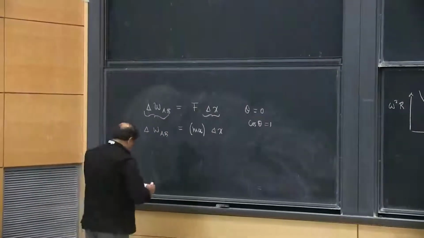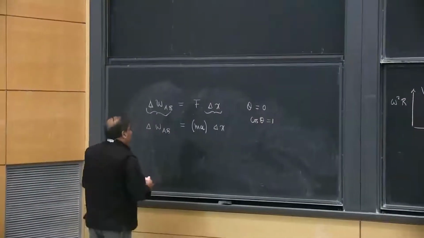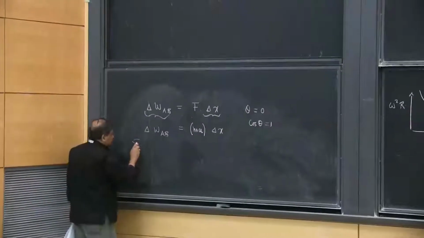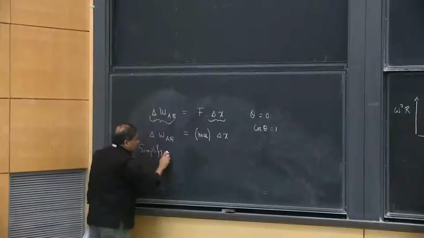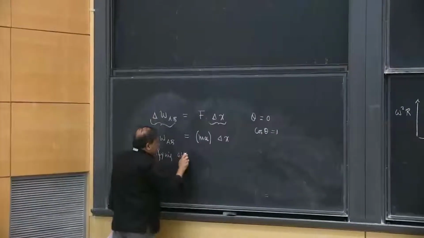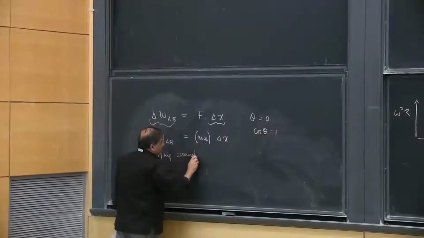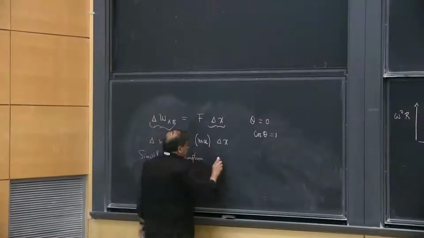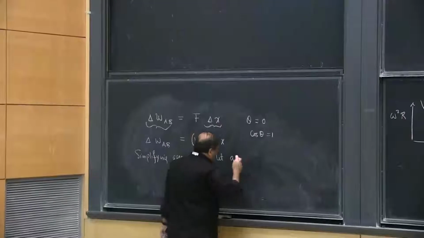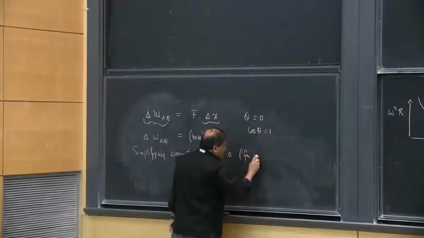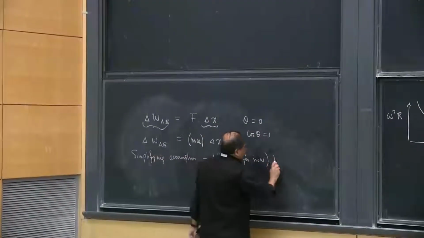Now let us make a simplifying assumption. The simplifying assumption I'm going to make is that acceleration a for now is constant.